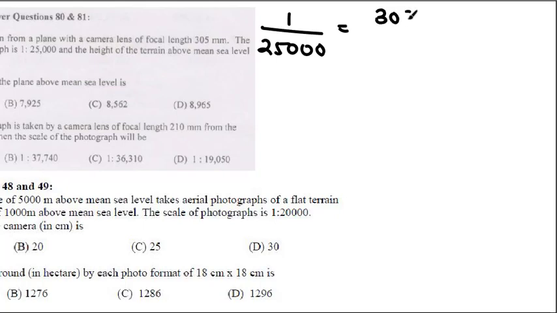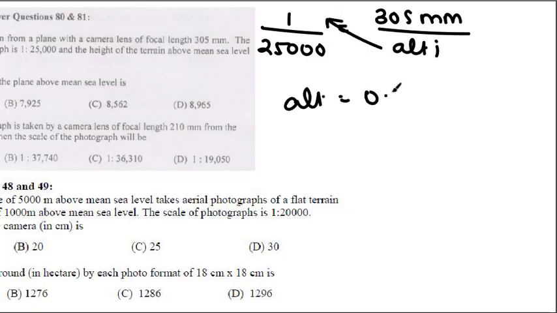So focal length is 305 mm divided by altitude. So altitude is 0.305 meter into 25,000. So this value will be 7625, I guess so.